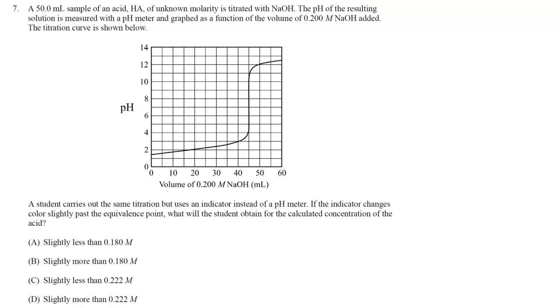Now, we are not given a balanced chemical equation for the acid-base reaction that occurs in this titration experiment, but it's a very simple balanced chemical equation. We have an acid, HA, we have a base, NaOH, and when the acid and the base react together, they produce water and they produce an ionic compound or a salt.